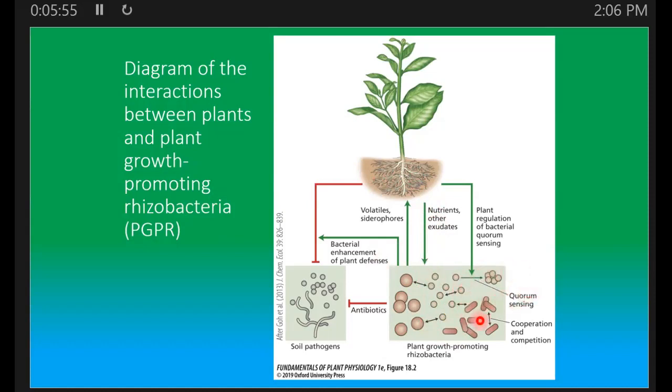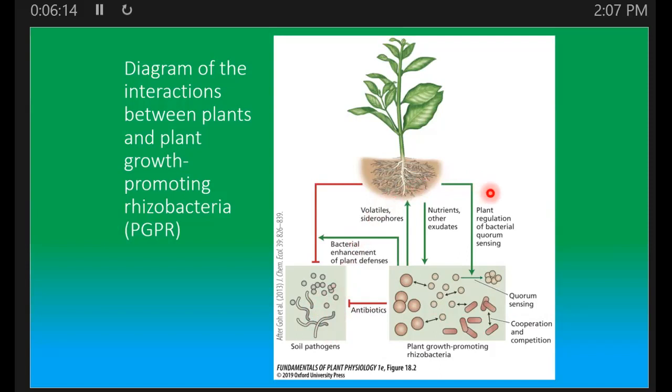We've talked a little bit about quorum sensing already, how microbes can quorum sense with each other and cooperate to do some kind of group behavior, including making antibiotics that could kill or inhibit plant pathogens.